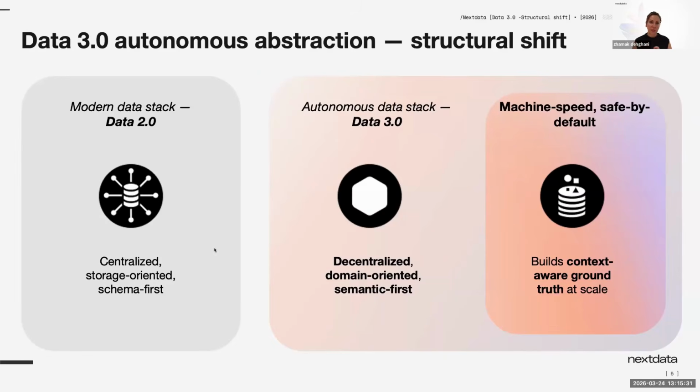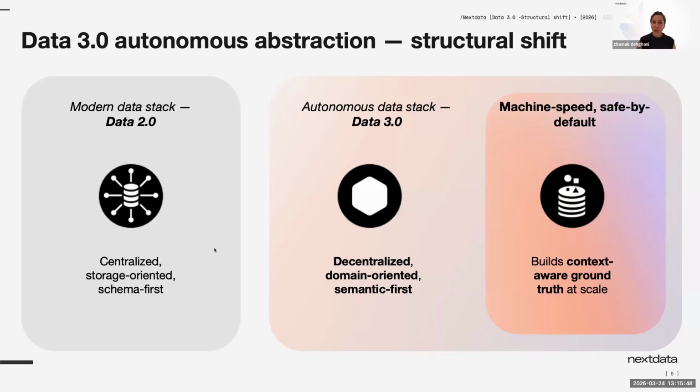Why does this decentralization matter? Because that's a layer that can scale without overwhelming the context for the agents. So they can just find the relevant pieces without getting overwhelmed with entangled files and tables.